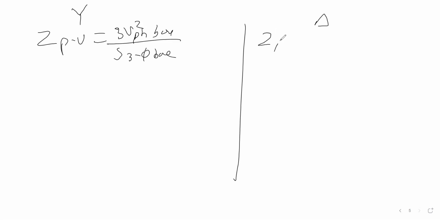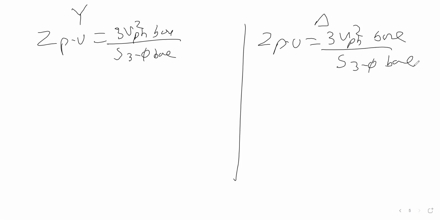And in this also, till here it is similar to that. VPH square base by S 3 phase base. Now there is a small change in star and delta, only regarding your Z base, which we'll see.